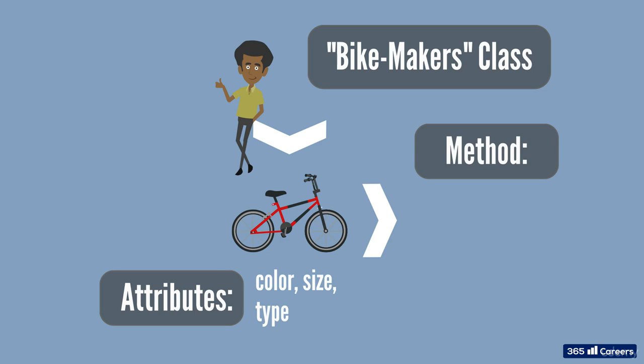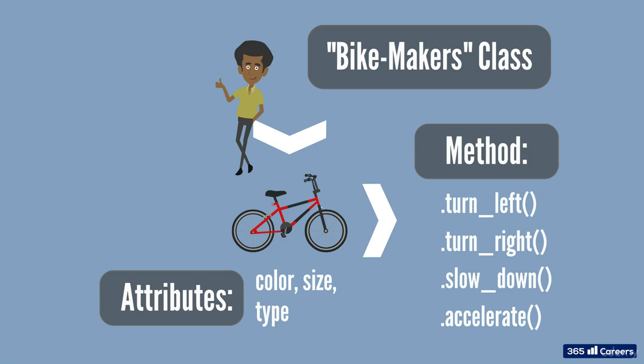It could be an operation like turn left, turn right, slow down, or accelerate. These actions can be applied to the object, but it is important that, while programming, the focus is on the object and not the action, as it is in other types of programming. This is it.